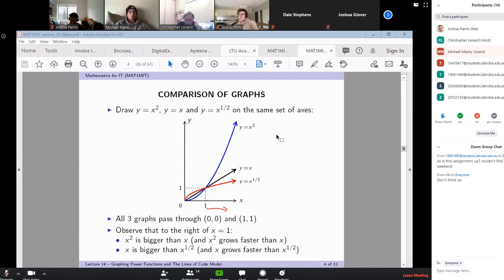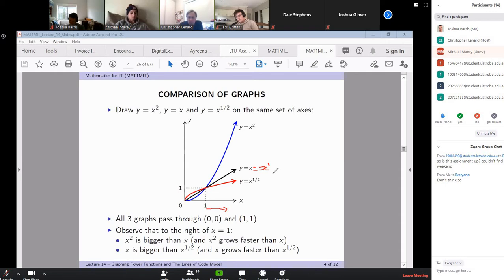And that's because that's really x to the power of 1, and the power of 2 is bigger than the power of 1. So that's why this blue one is always above the black. And 1 is bigger than a half. And you notice that the black one, y equals x, is always bigger than x to the half, provided you're on the right-hand side, that your x's are bigger than 1.